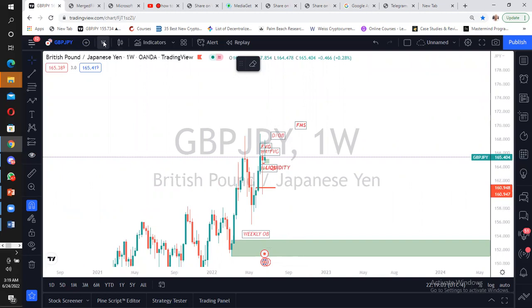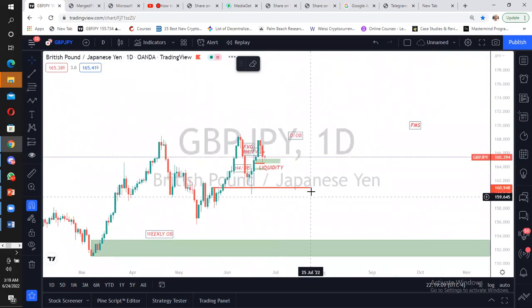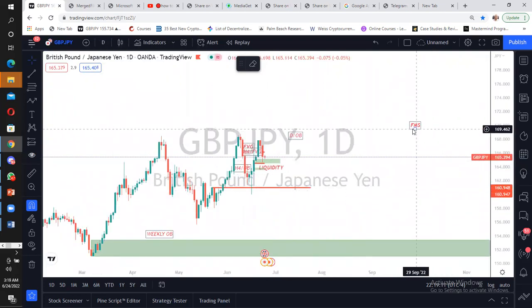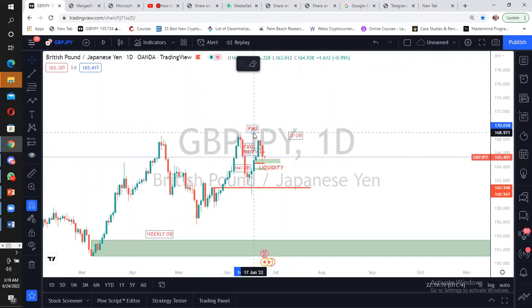Let's go to daily. So it got mitigated there and failed to take away this high. If it breaks this level, we can see it has failed.